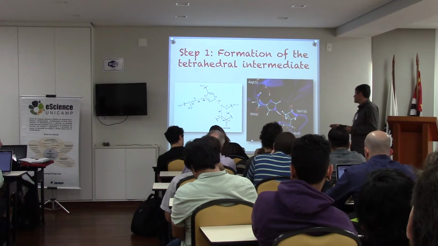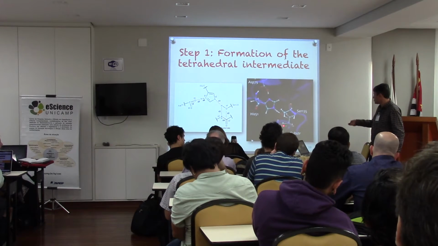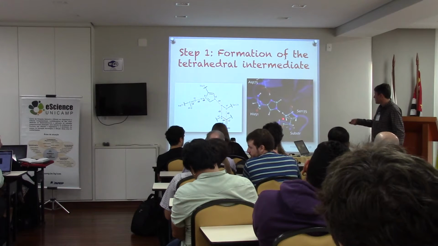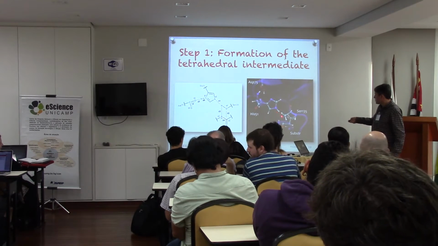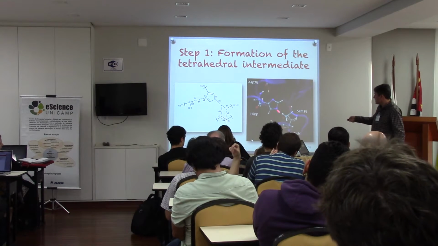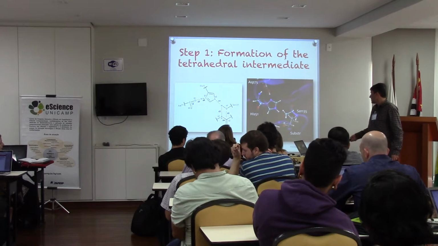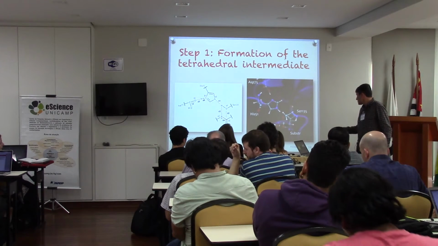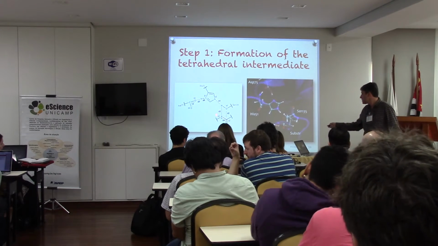You see, for a long time it stays there, and then at some point it should start attacking here. Yeah, now it's coming down. So we're controlling only these two distances, okay? This hydrogen distance and this attack here. So we'll attack, and there you see the formation of the tetrahedral intermediate.